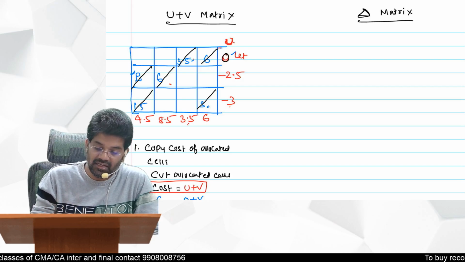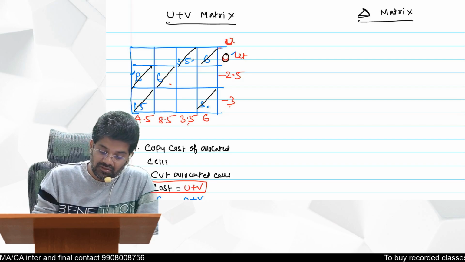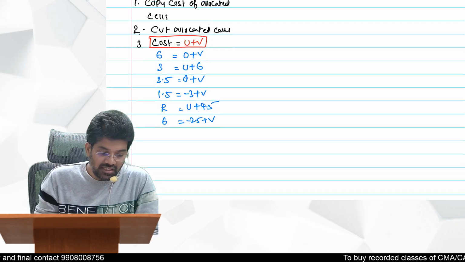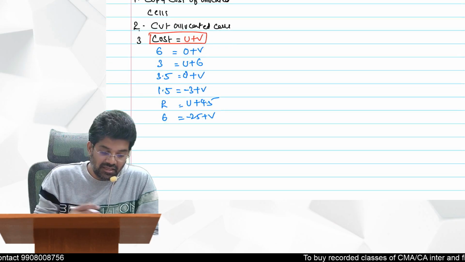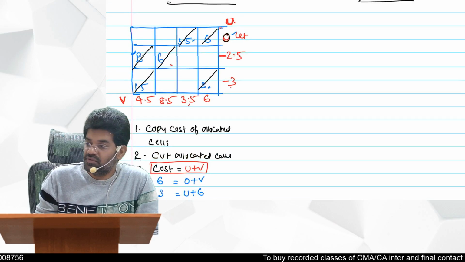Now you have all the u values and v values. Inside, you can easily calculate the cost now. So what have we done?